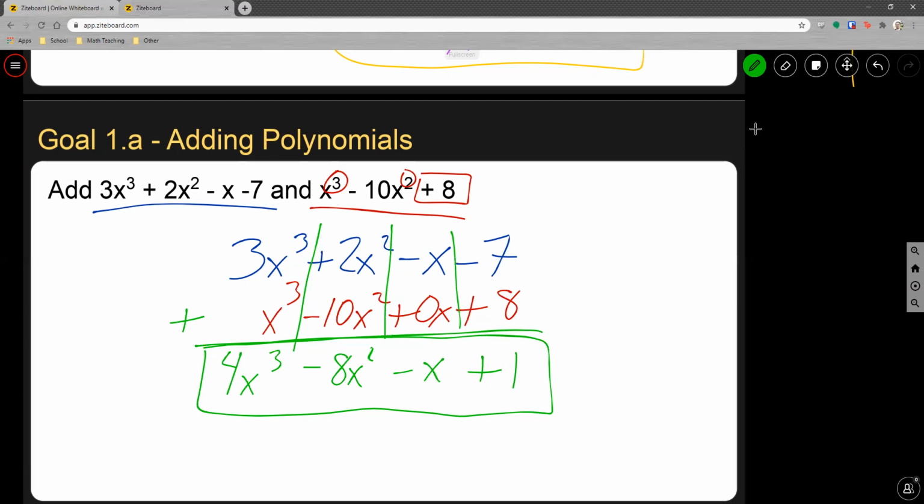Instead of having a column on the right possibly affecting the next column to the left, I'm treating each individual column like it's its own little addition problem. So in a lot of ways, I've got 4 little addition problems I did here to get my final answer. All right, let's go ahead and continue.